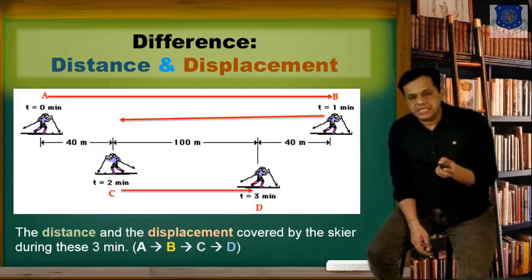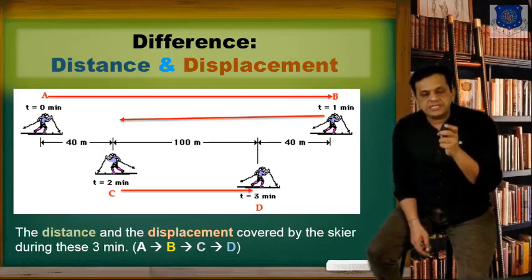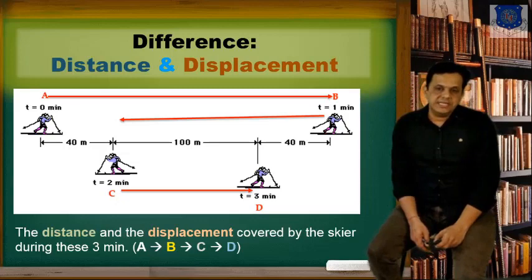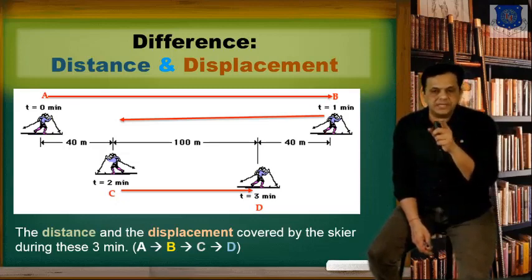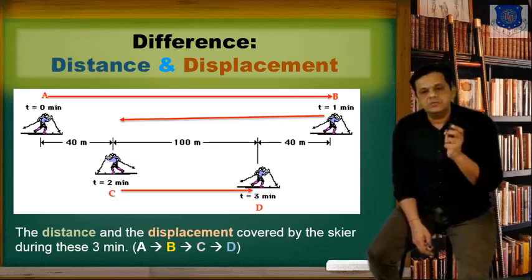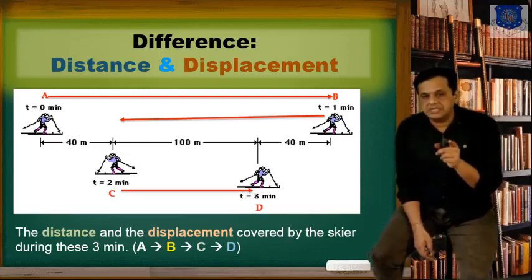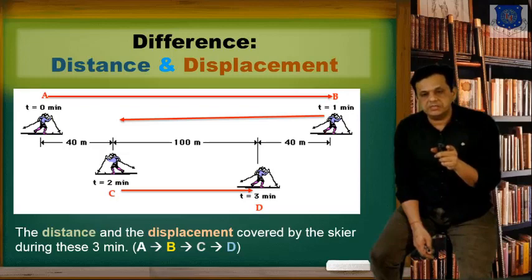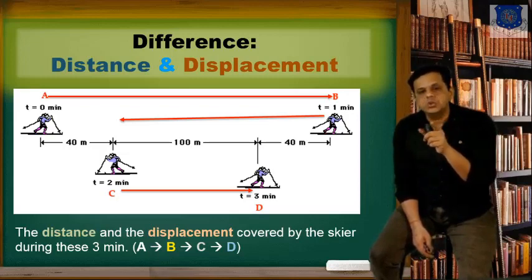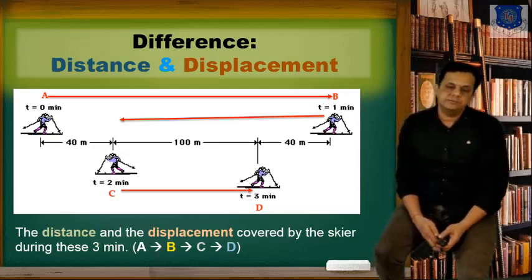The starting point here is A and the end point is B. So the net is 40 plus 100, that is 140 meters. So the distance covered in 3 minutes is 420 meters, and the displacement, straight between A and D, is 40 plus 100, that is 140.